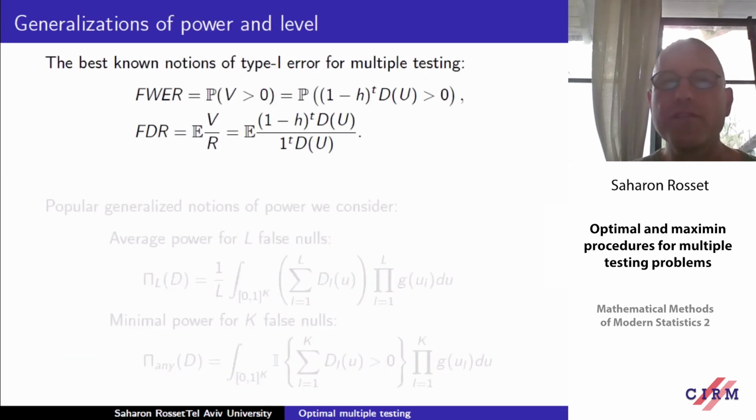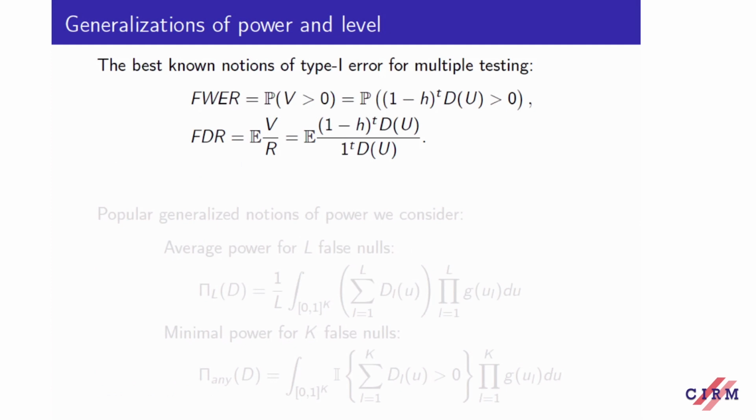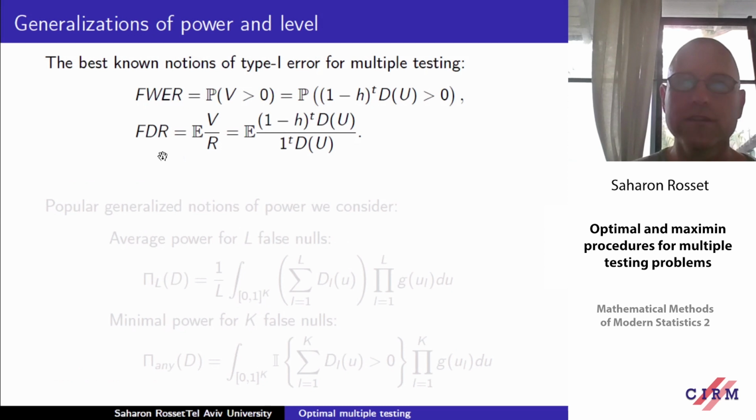Okay, so now we have to define what we mean by power and type 1 error for multiple testing. For type 1 error, at least in this talk, we limit ourselves to the most standard definitions: the family-wise error rate, which in the previous slide's notation is the probability that V is bigger than 0, or we can write it as the probability that the inner product of the world state times the decisions is bigger than 0, and the false discovery rate, which is the expected value of false discoveries to total discoveries.